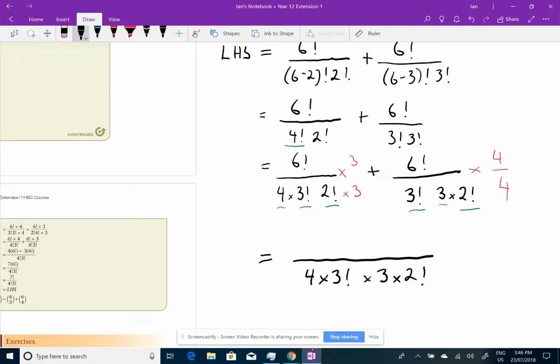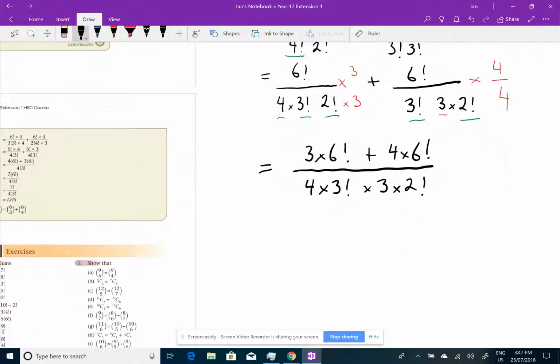On the top, well, here I get 3 lots of 6 factorial and I get 4 lots of 6 factorial. Let's tidy up the bottom again. Well, that gives me 4 factorial times 3 factorial.